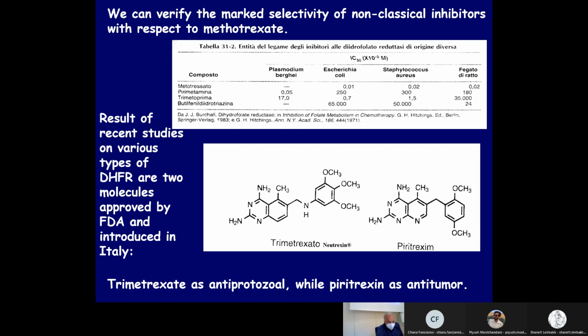In the same manner you see the modification performed to give pyritrexine, another pyridine ring with the same dimethoxybenzene ring.